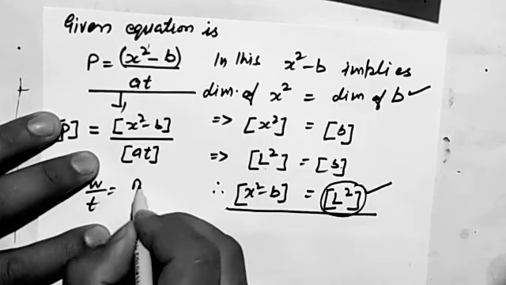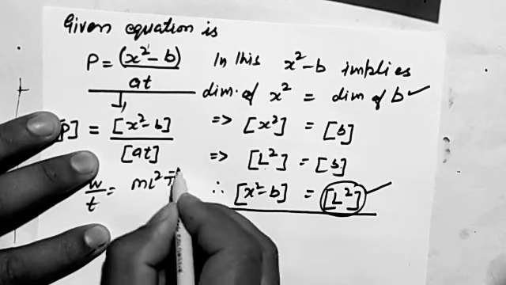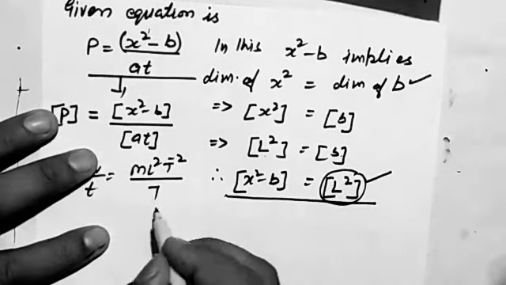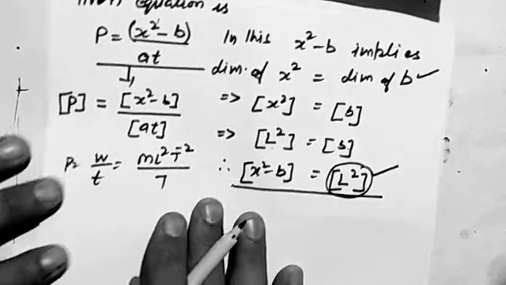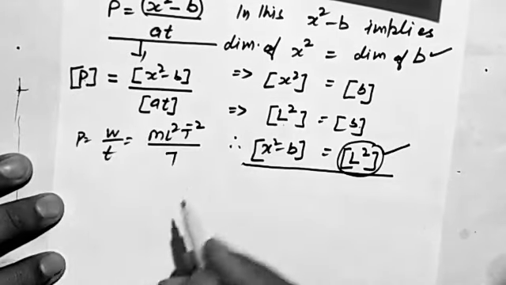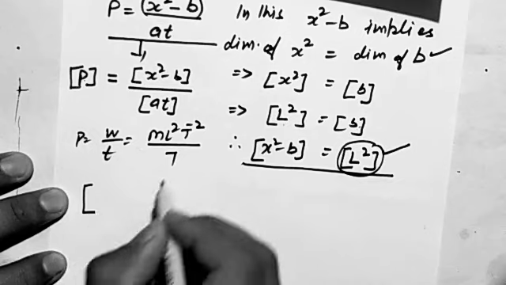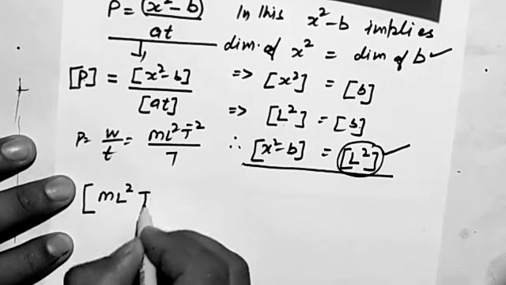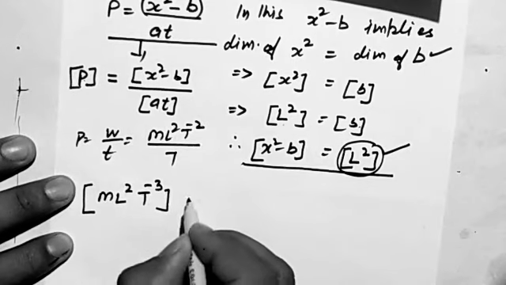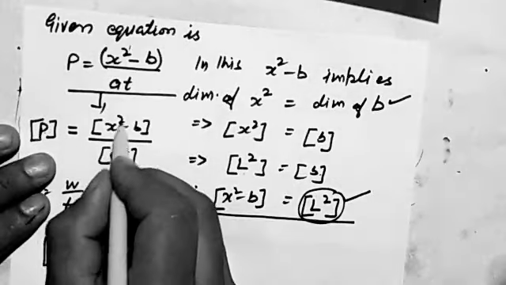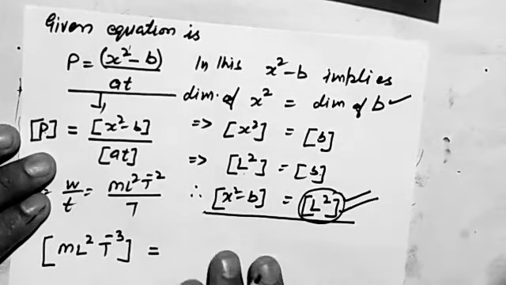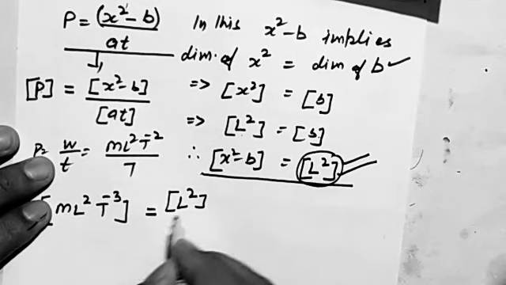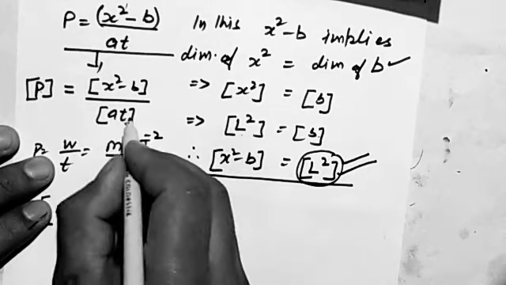Work has dimension formula ml2 t minus 2 upon time t, so this becomes ml2 t minus 3. So ml2 t minus 3 is equal to the dimensions of x square minus B, which we calculated as L2, upon the dimensions of A into T.